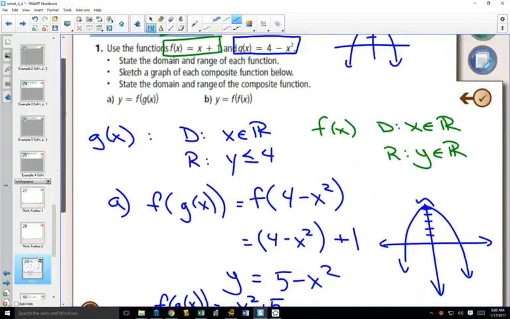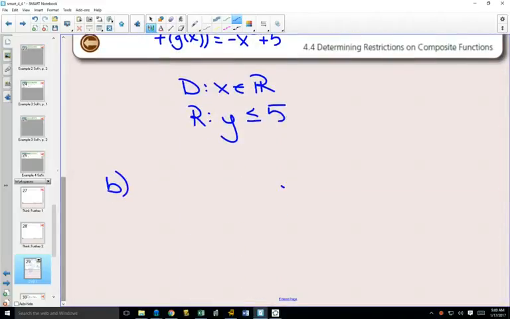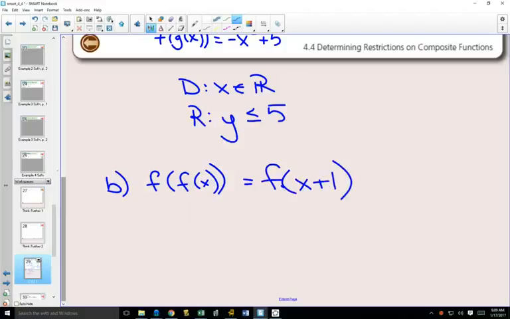B says do f of f of x. Same process as before. We want to find f of f of x. Start from the inside. Well, f of x is the function that says whatever you put in, you add 1. So f of x is equal to x plus 1.